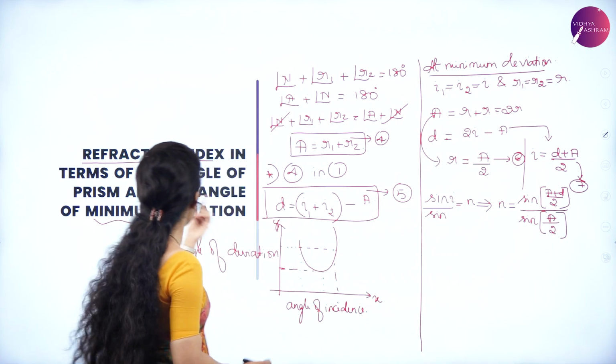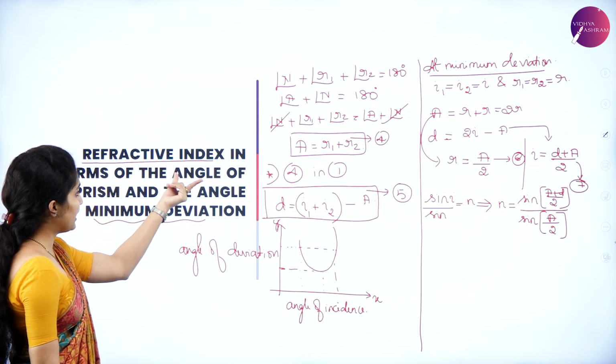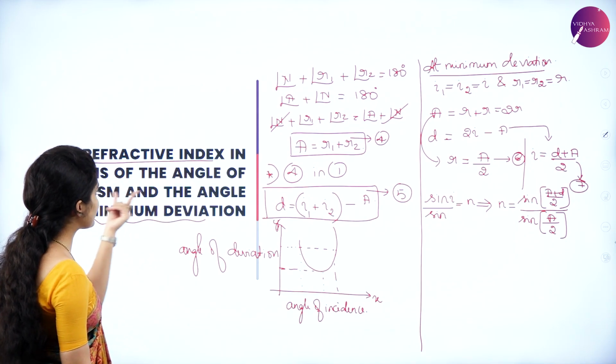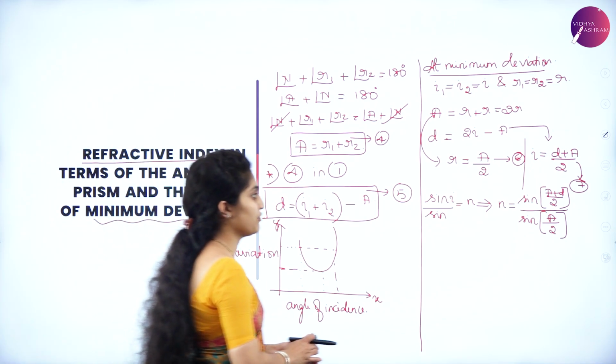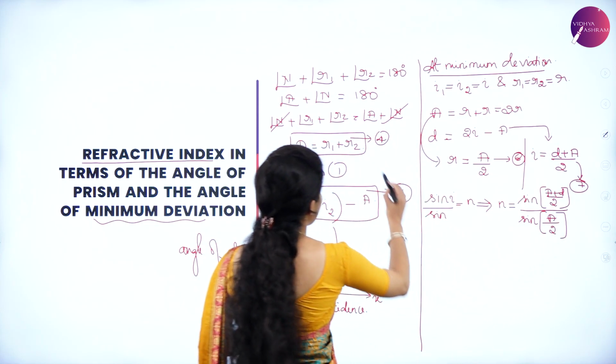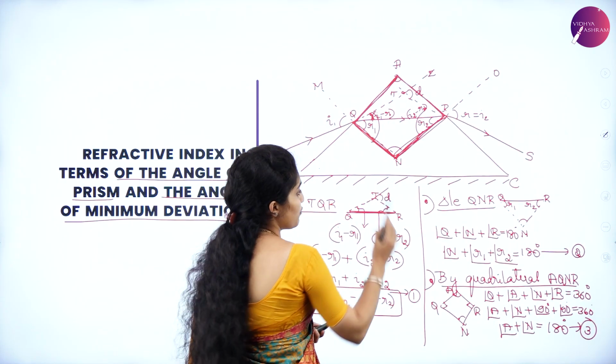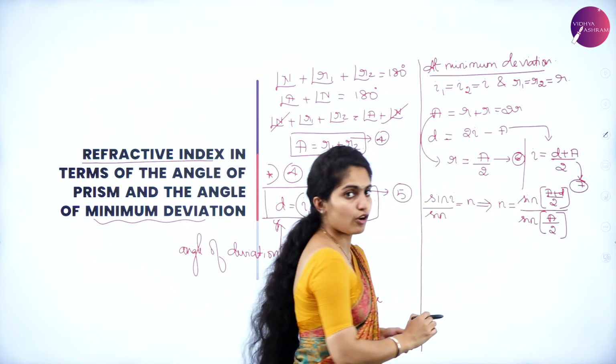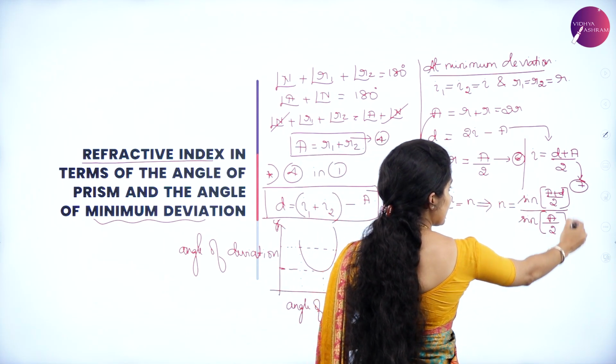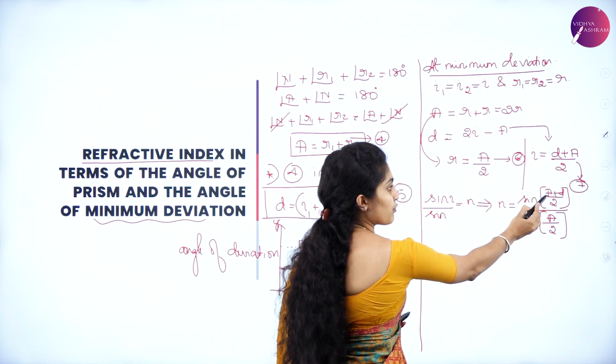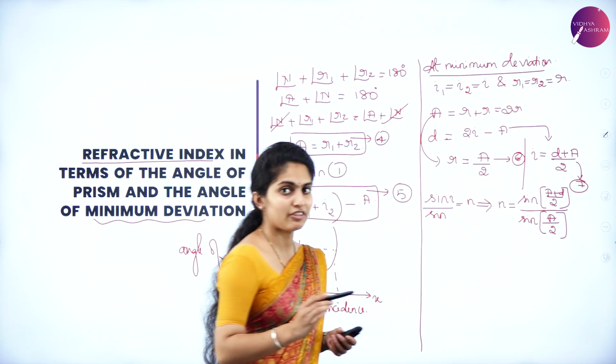So this gives the refractive index in terms of angle of prism and angle of minimum deviation. Here A is the angle of prism and D means angle of minimum deviation.